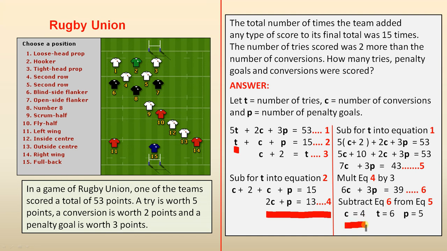So the number of conversions was 4. If you substitute C equals 4 in here, that means the number of tries was 6. 4 plus 2 is 6. And if you substitute T equals 6 there and C equals 4 there, the number of penalties scored were 5. And that's how we solve the equation.